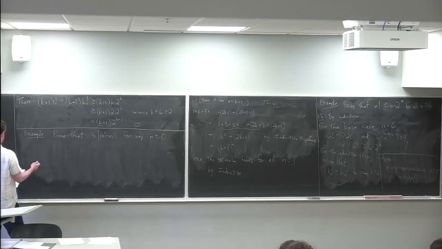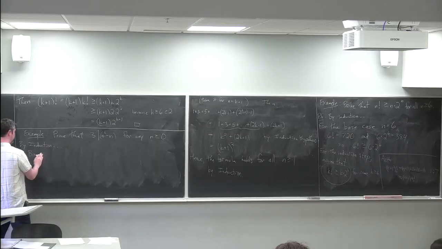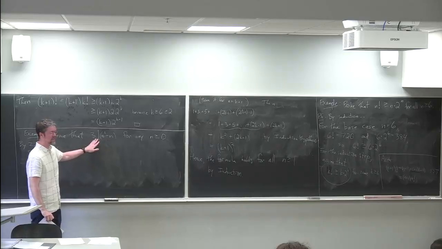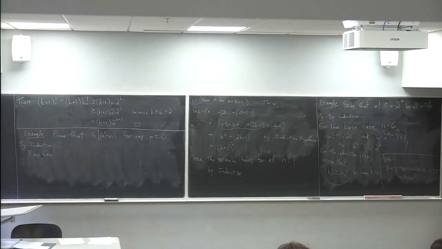And we go like this. So by induction, the proof is going to go by induction. So the base case is when n is 0, because that's where we started. And when n is 0, it's kind of trivial, the assertion here, because this number is 0, and it's just saying 0 is a multiple of 3, which is true.